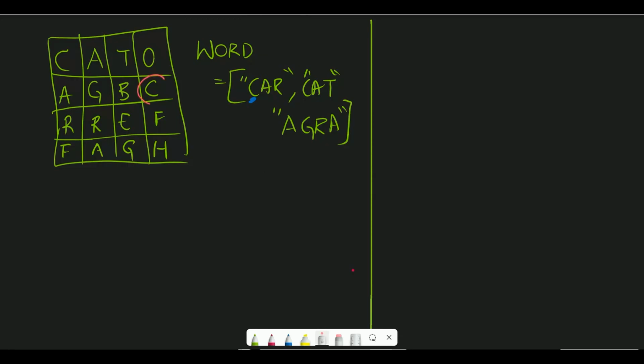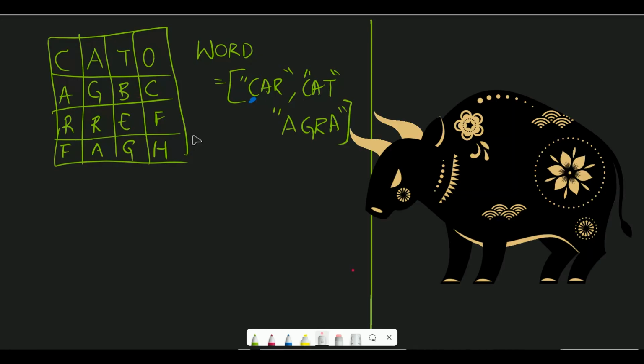For example, let's say we are at C, and on my left I see a B. Now if I look at my word list, and if I'm really smart, I can say that after the character C, there is no element in my word list that is followed by a character B. So we never have a B which follows the character C. So here, when I see a B on my left side, we can simply eliminate that.